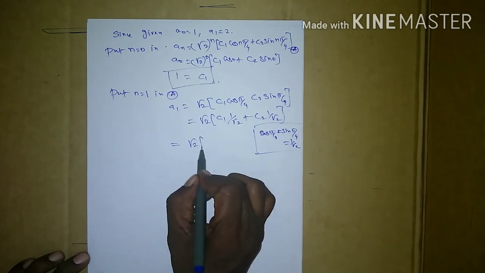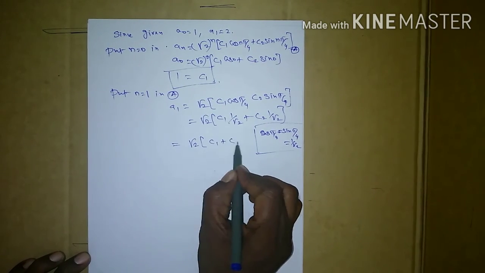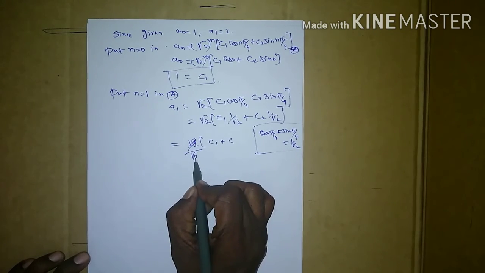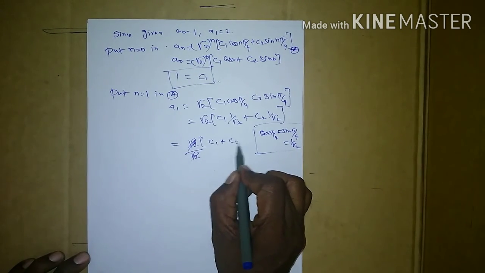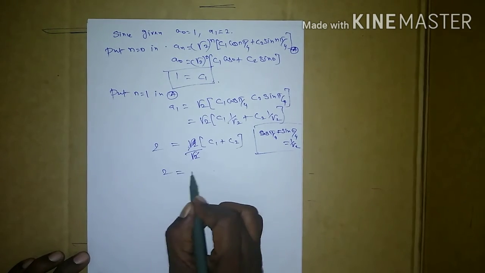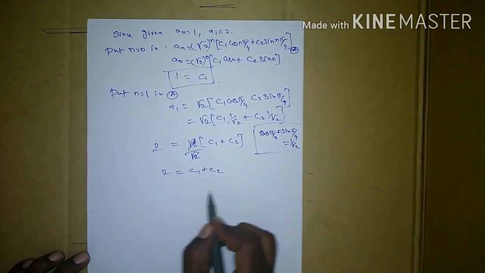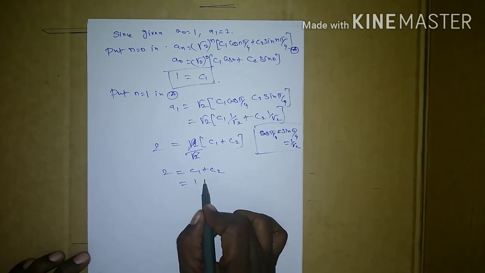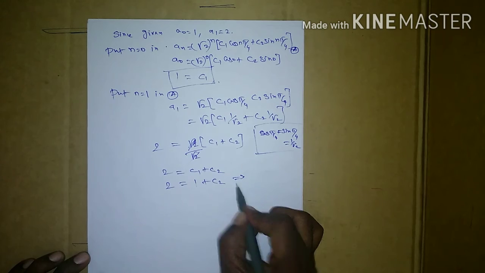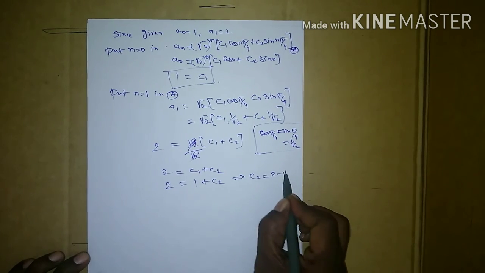Therefore, root 2 into 1 by root 2 into c1 plus c2 is equal to A1 is equal to 2 here. Therefore, 2 equal to c1 plus c2, where c1 is equal to 1, so 1 plus c2 is equal to 2, which implies c2 is equal to 2 minus 1 equal to 1.